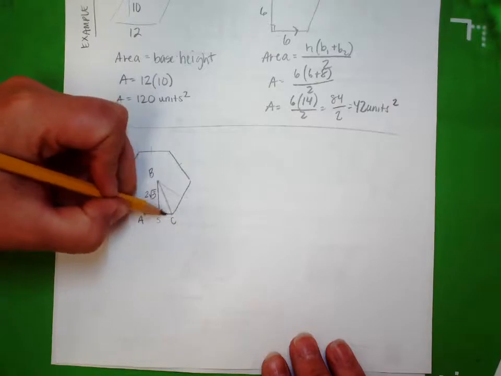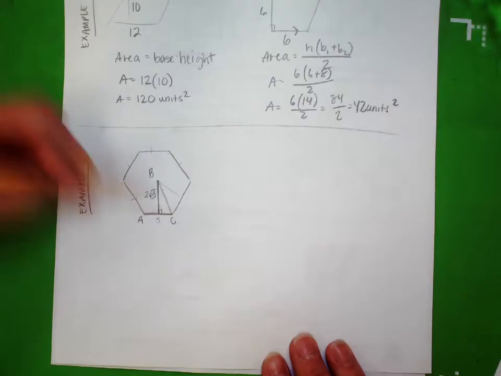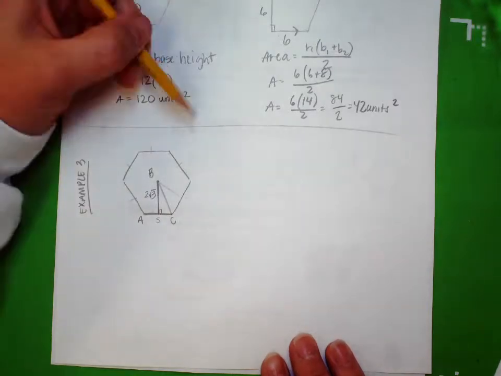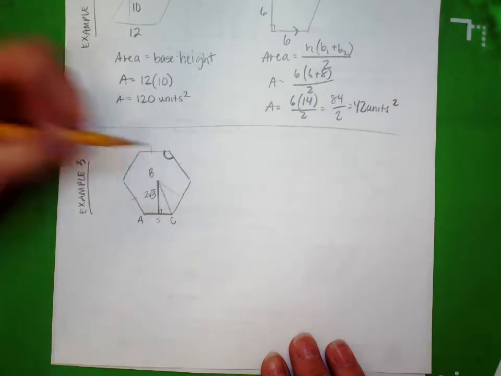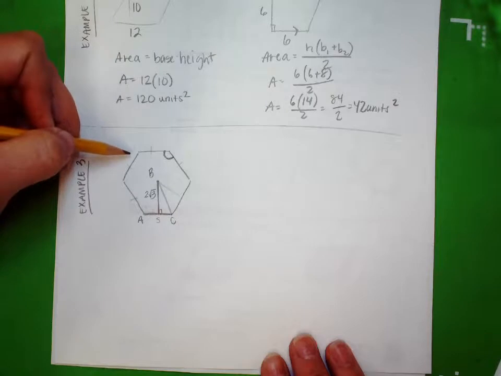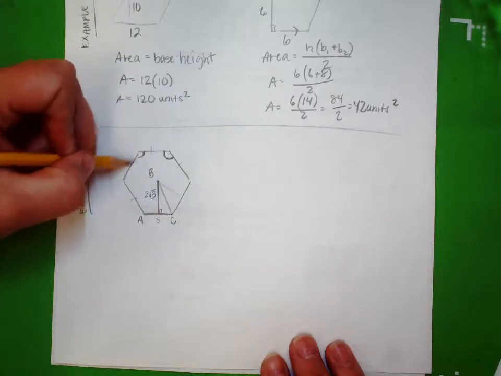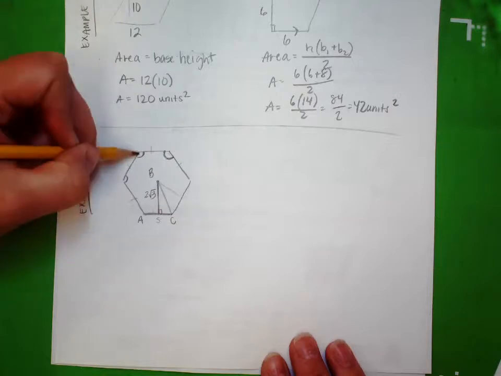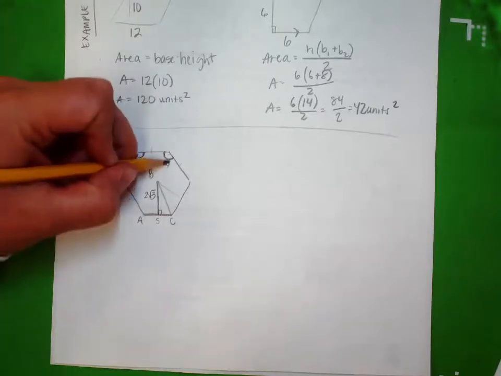The length of AC is going to be found using something that we know about special right triangles. If you were to calculate the angle of a regular hexagon, they will all have the same measure. So the measure of the angles in the regular hexagon comes out to be 120 degrees.